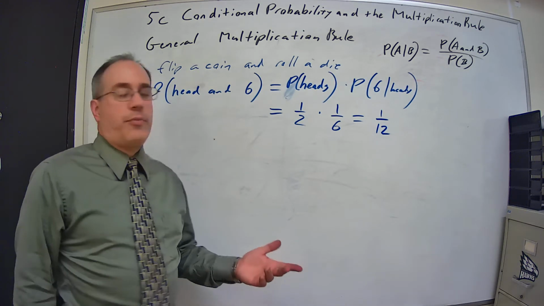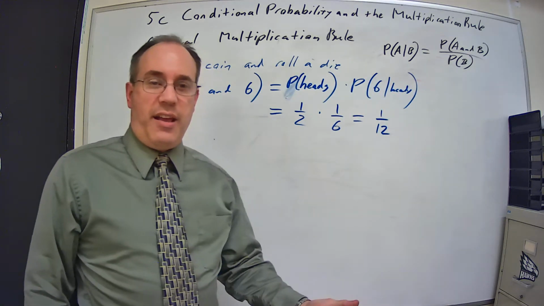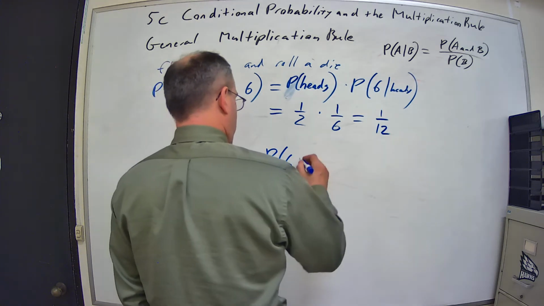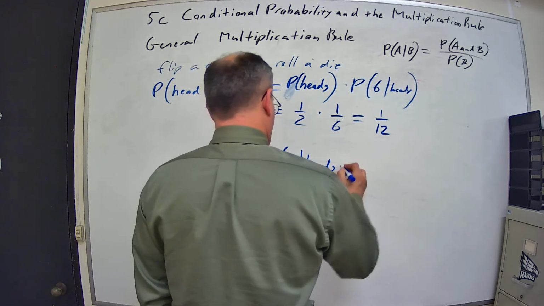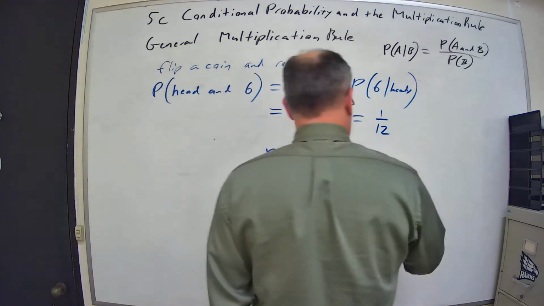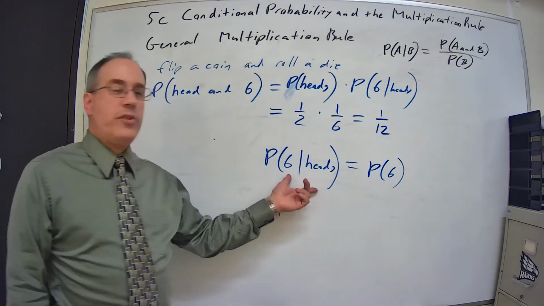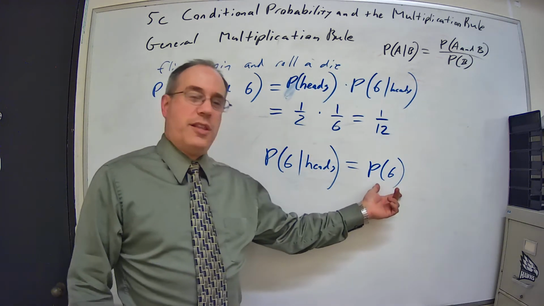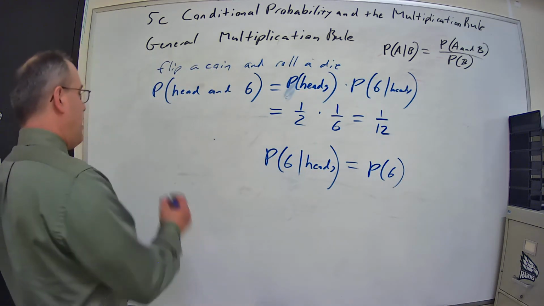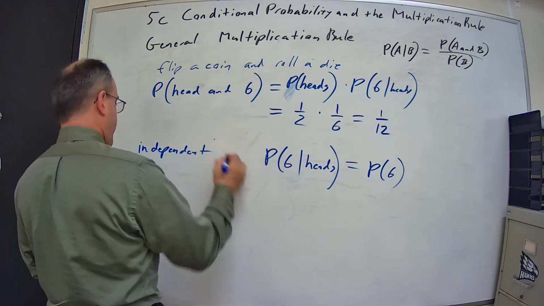But we just noticed something here. The probability of getting a 6, given that I got heads, is equal to the probability of getting a 6, period. Right? This conditional probability is equal to just plain the probability of getting a 6, because the two events are independent.